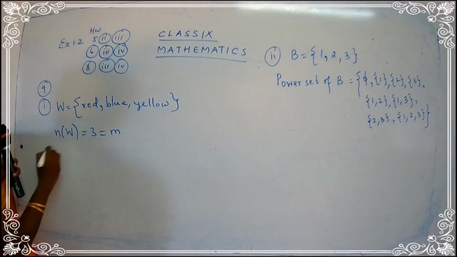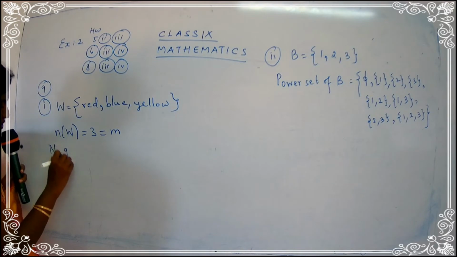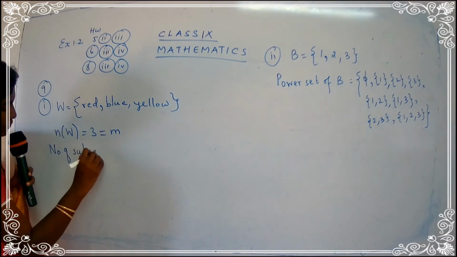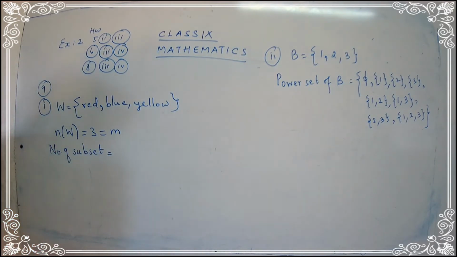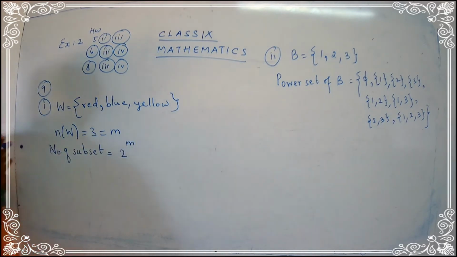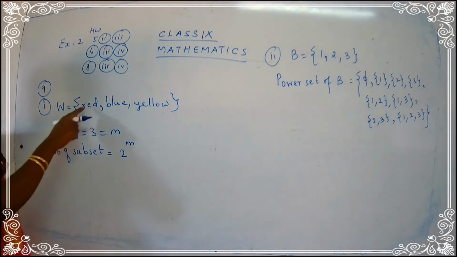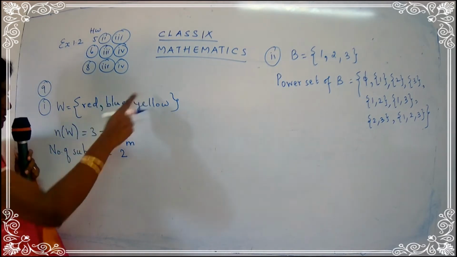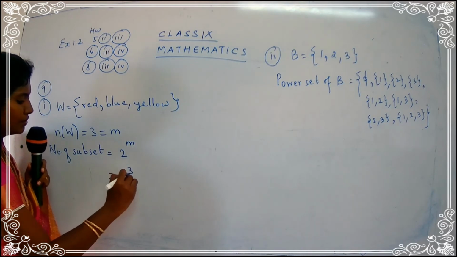Write down here, number of subsets is equal to, we have a formula for number of subsets. You have to find 2 raised to m. What is the value for m, children? Yes, 3. From where did you get this 3? 1, 2, 3. So write down here 2 raised to 3.